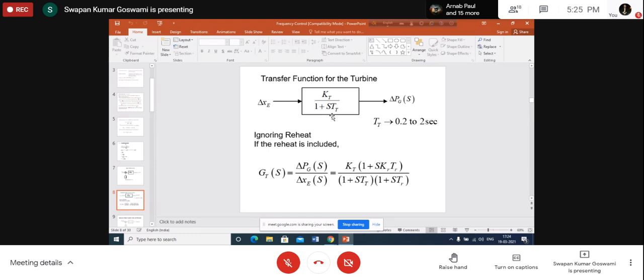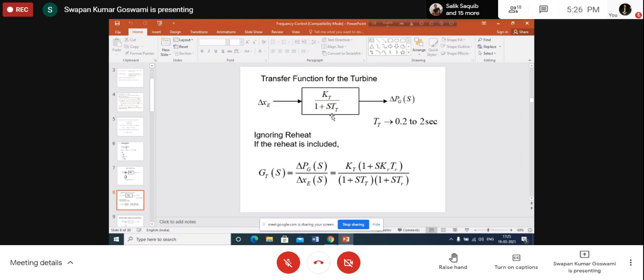If you want to consider the reheater, then it will be a second order transfer function. But for the time being, we want to keep our analysis simple, because we want to understand how the control may be affected. This is our main issue.